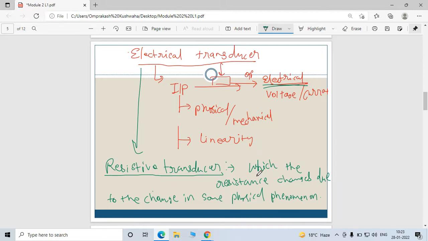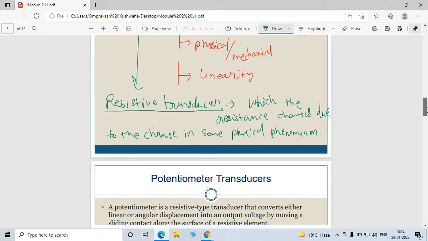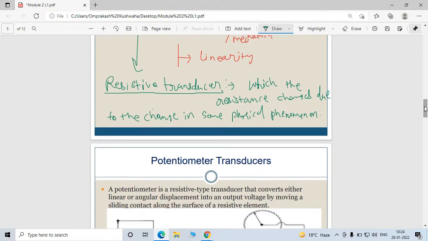For example, the change in the value of resistance with the change in length of the conductor is used for the measurement of displacement. So for measuring displacement, the resistive potentiometer transducer is one example.